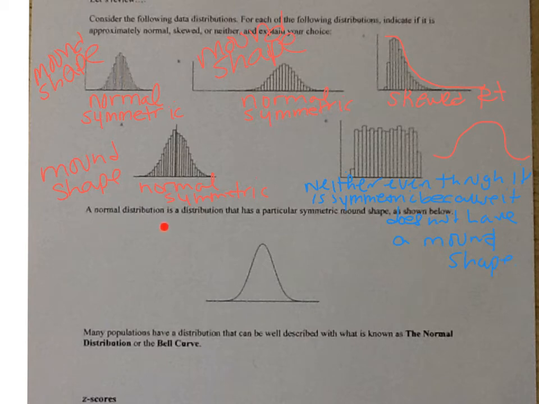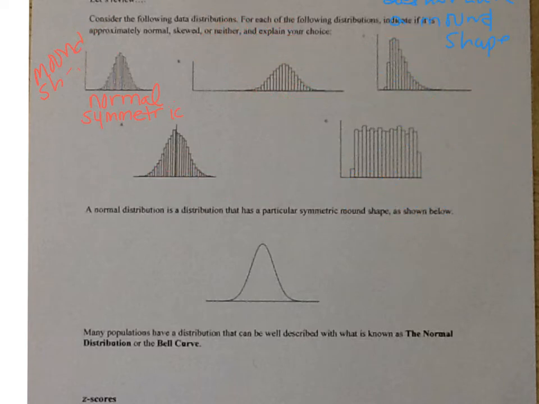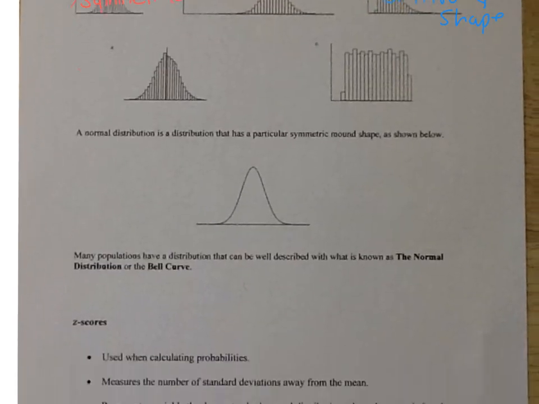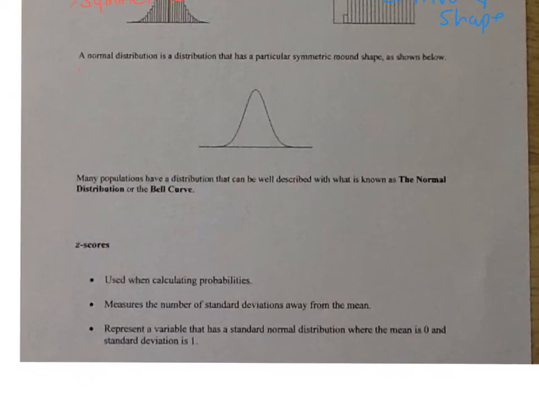It says a normal distribution is a distribution that has, actually let me move this all up. A normal distribution is a distribution that has a particular symmetric mound shape as shown below. So see this shape here, it looks like a mound. It's called a bell curve or the normal distribution curve.